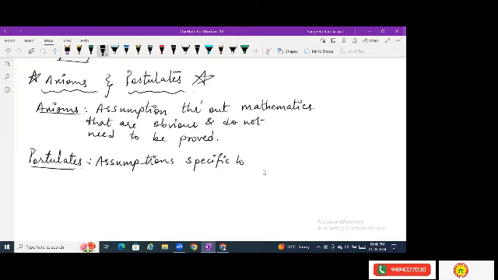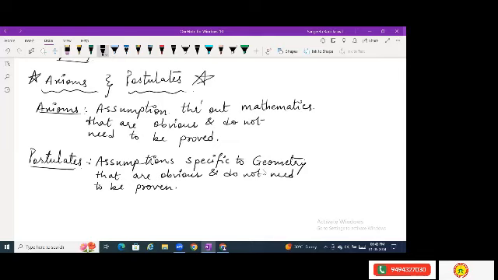Specific to geometry means something that is talking about geometry only. So assumptions specific to geometry that are obvious and do not need to be proven.